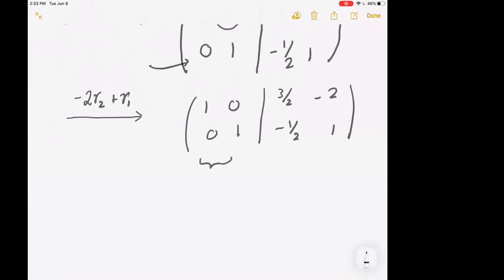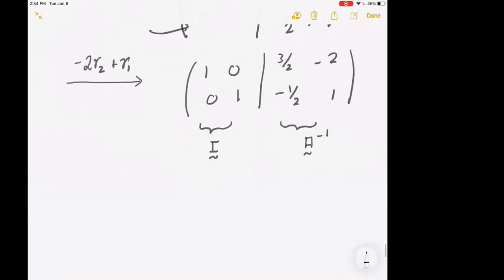We've written this in terms of the identity matrix. So our procedure tells me that what we're left with here on the right-hand side of the vertical bar is the inverse of A. So that's our answer. And again, it's of the same order. It's of order 2.